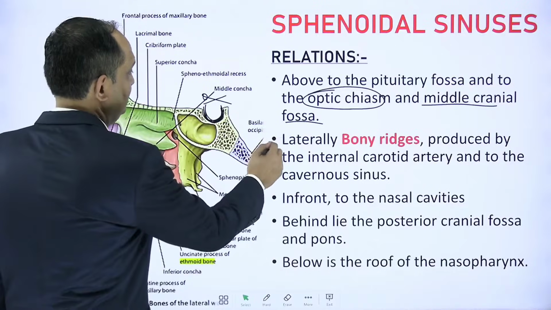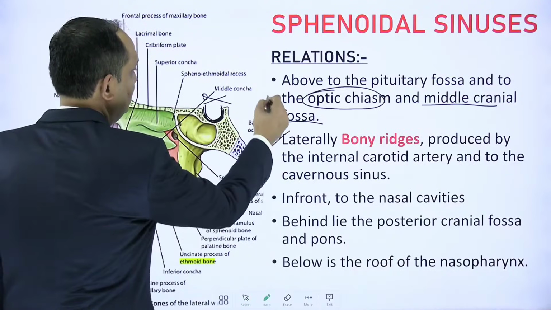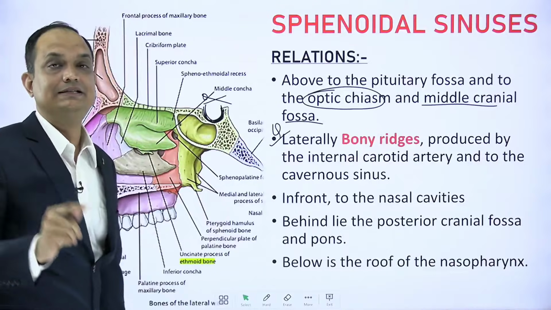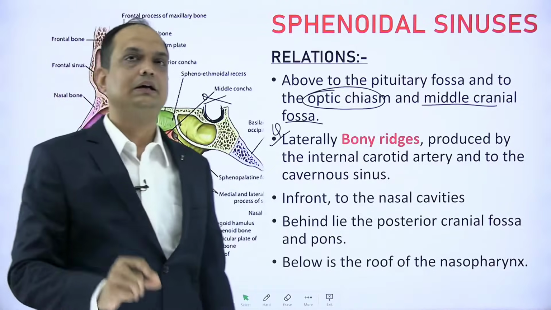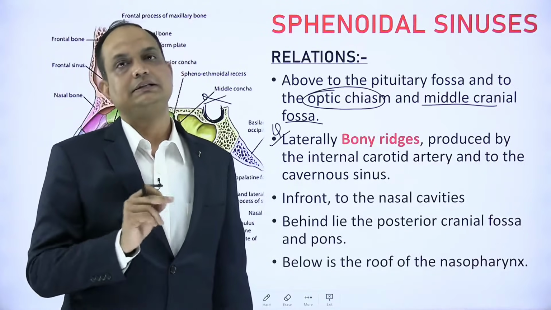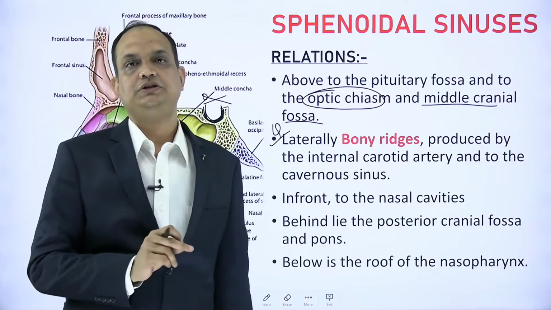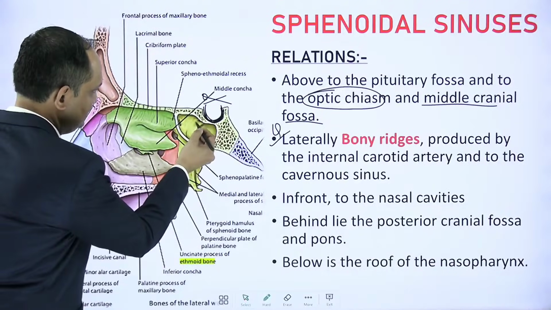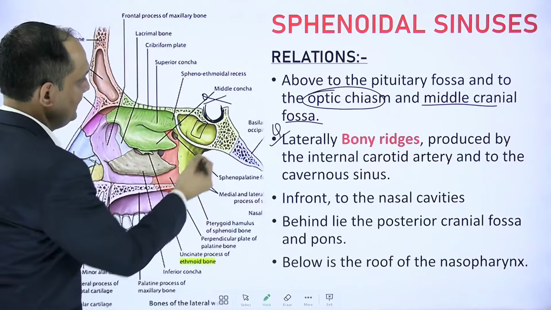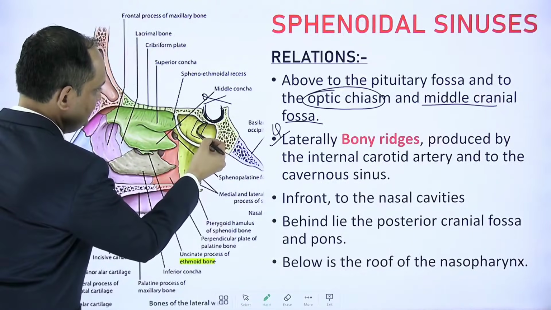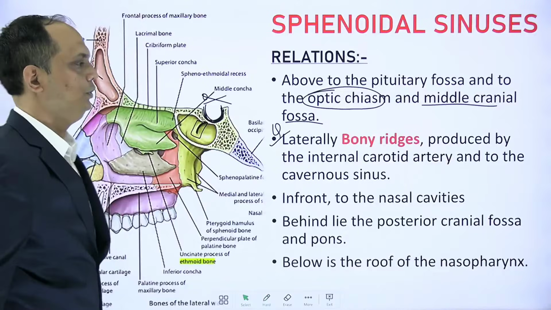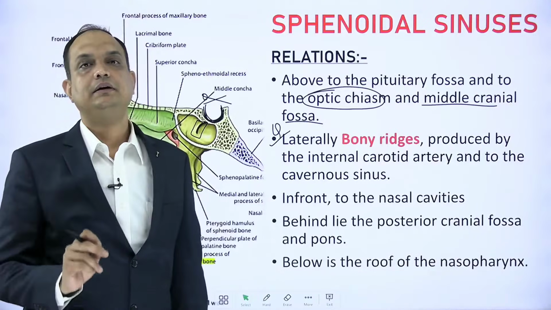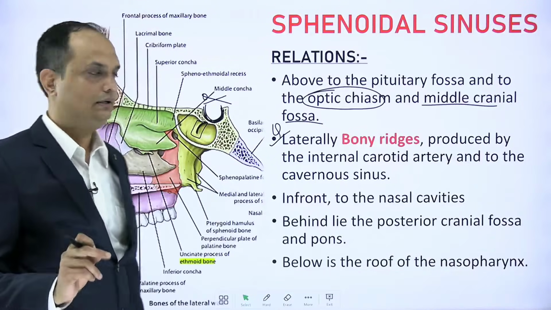Now laterally, this is an important question: there is a projection in the sphenoidal air sinus. Why does the projection occur? Sometimes you get this question. Here you can see this is the projection, and it is produced by the internal carotid artery. Clear?